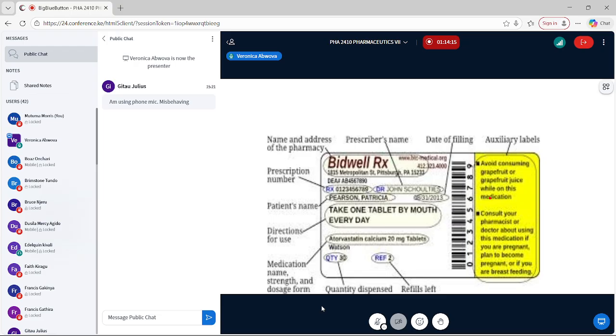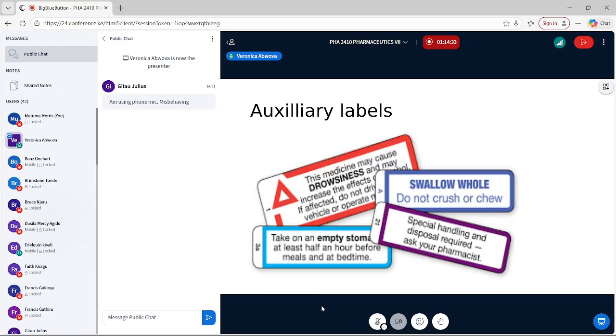And they've indicated additional instruction, consult your pharmacist or doctor about using this medication if you're pregnant or plan to become pregnant. So that is the auxiliary instruction that we are talking about. Auxiliary labels would contain basically any additional instructions that you need to add to facilitate use of the drug.